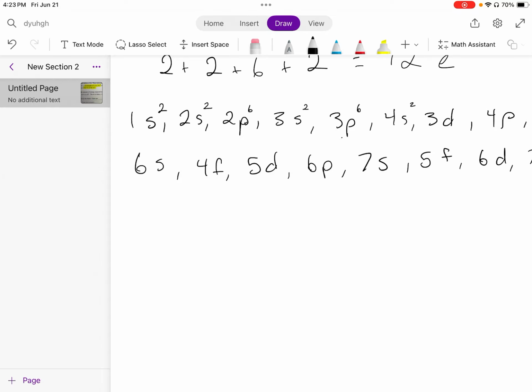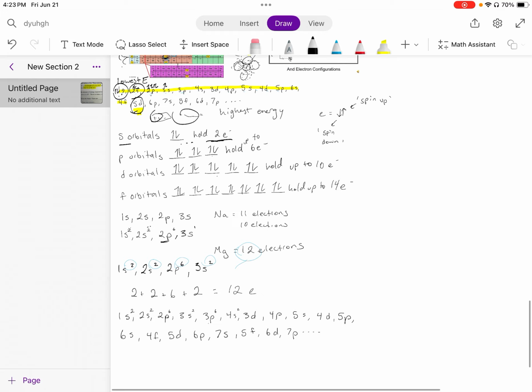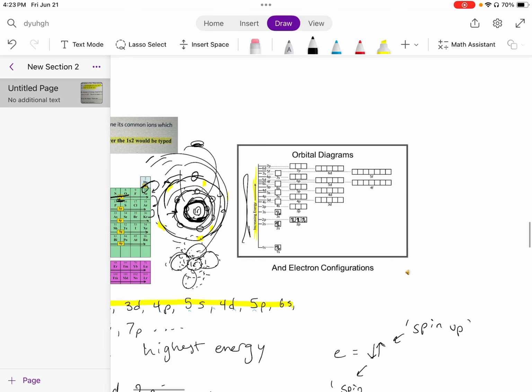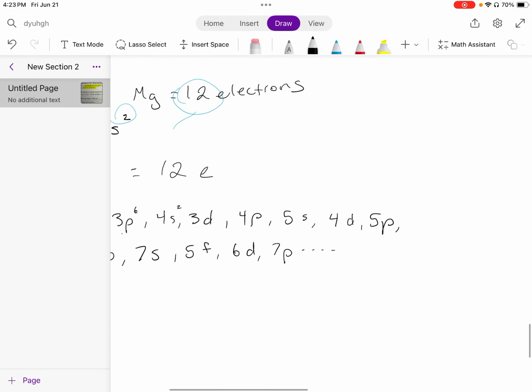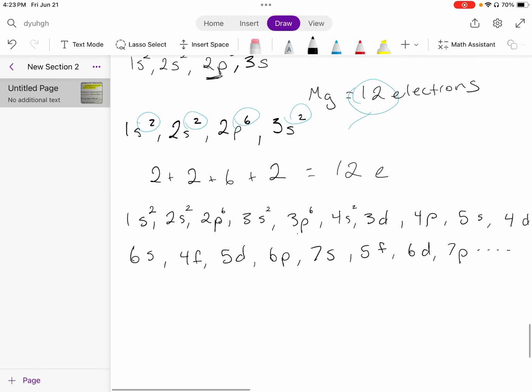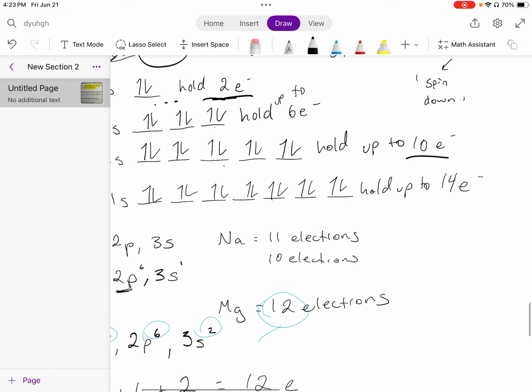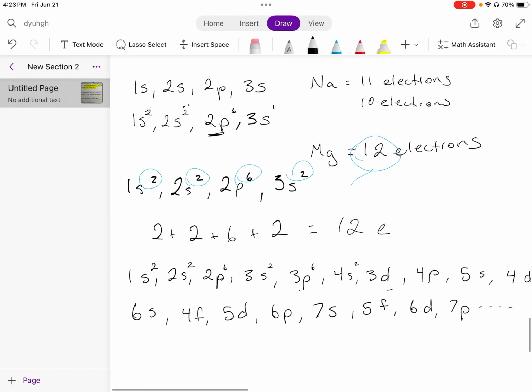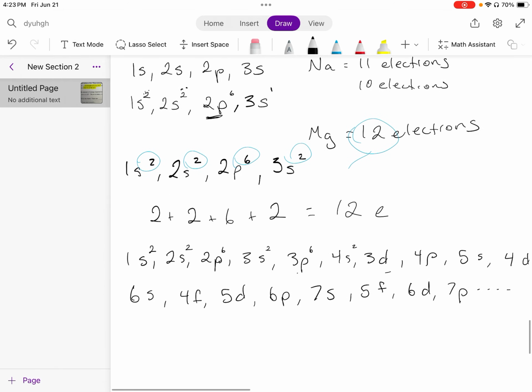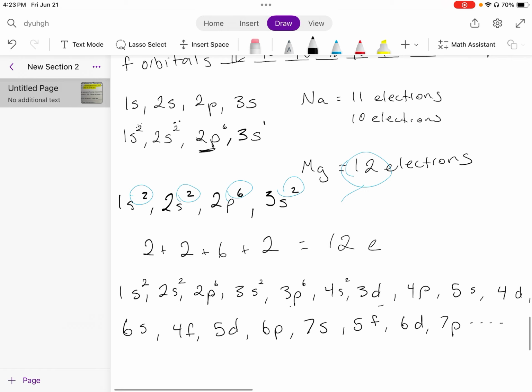No matter if it's 1s or 4s, they only hold 2 electrons. 4s, see, 2, 2, 2, 2. Always 2. And then d, oh, that's a new one. How many electrons do d orbitals hold? 10. Well, let's see how many we have left to work with, because is it the full 10 or I don't know.